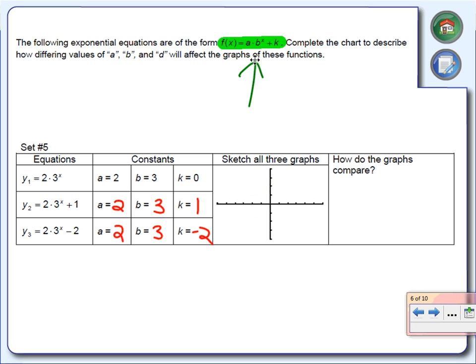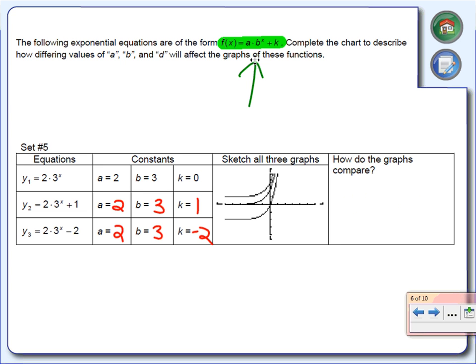Then we'll type in 2 times 3 to the x power minus 2. Again, be careful that the minus 2 is not part of your exponent. And then let's take a look at the graph. And this is the graph that I'm getting. That's the same thing you're getting?